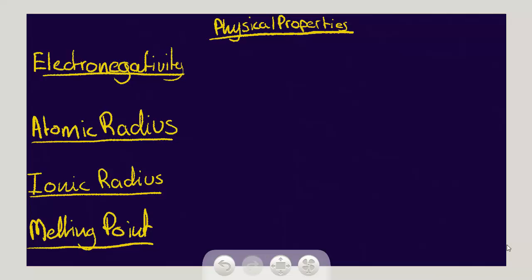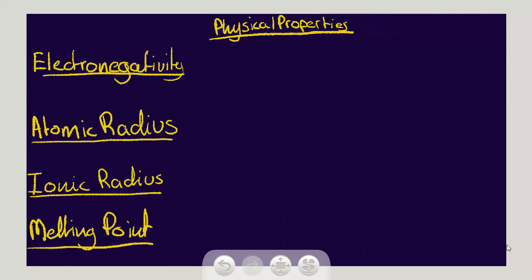Okay, so in this module, we'll be talking about physical properties that relate to the periodic table and the various elements. So firstly, there's electronegativity, and electronegativity is essentially the strength of an atom's attraction to electrons.